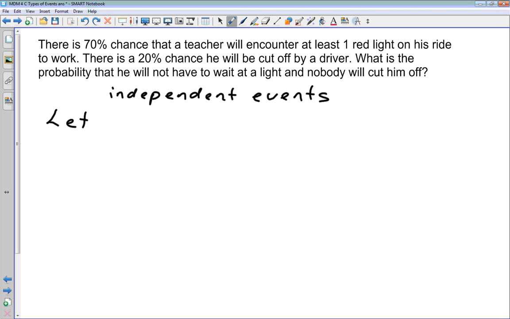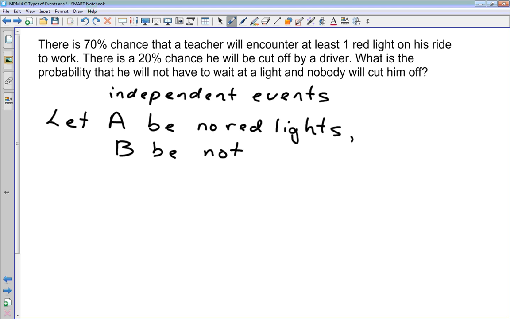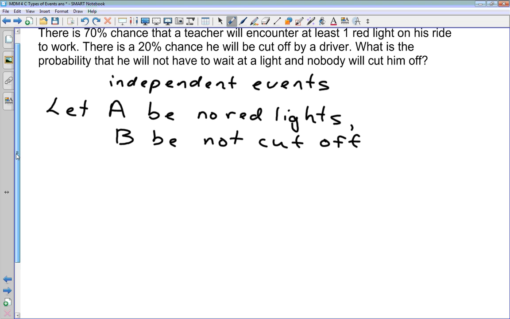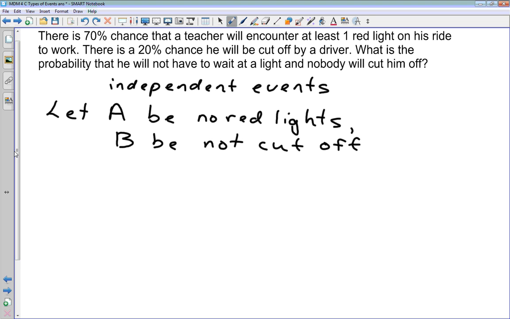We'll let A be the event where there are no red lights, and we will let B be the event that nobody cuts him off. I'll just say not cut off. We want the probability of both of these two events, the probability of A and B. So I'll just write over here that this is what we're trying to find.